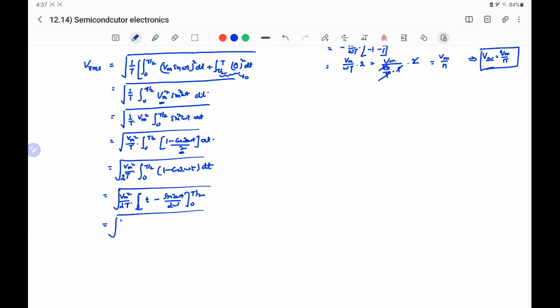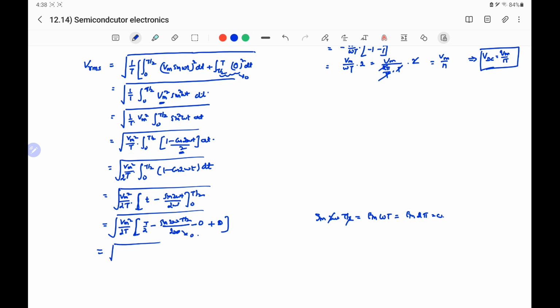Substituting the limits, we will have Vm square by 2T integral, this value has first the upper limit, it is T by 2 minus sine 2 omega into T by 2, by 2 omega, then the lower limit minus 0 plus again sine 0, which is 0. Therefore, it is equal to this sine 2 omega into T by 2. It will be equal to sine, this 2 and 2 get cancelled, so the remaining is sine omega T, and omega T is equal to 2 pi, and sine 2 pi is equal to 0. So this term is also 0.